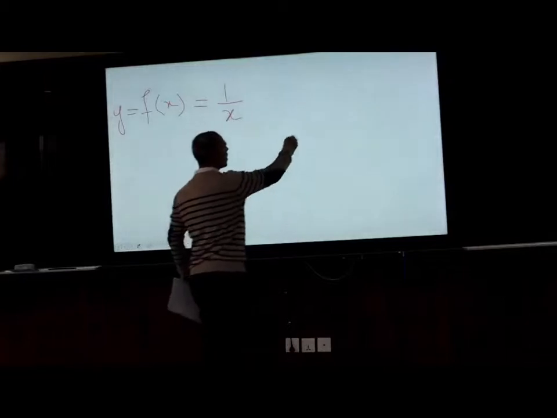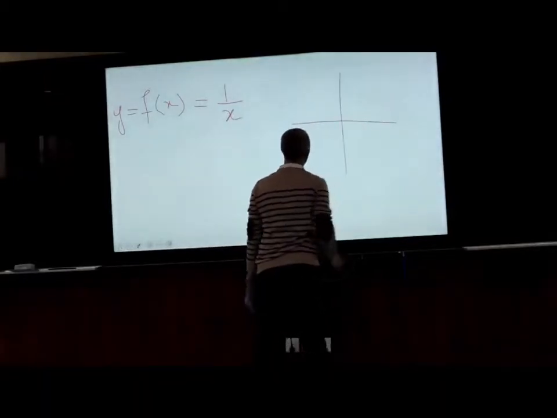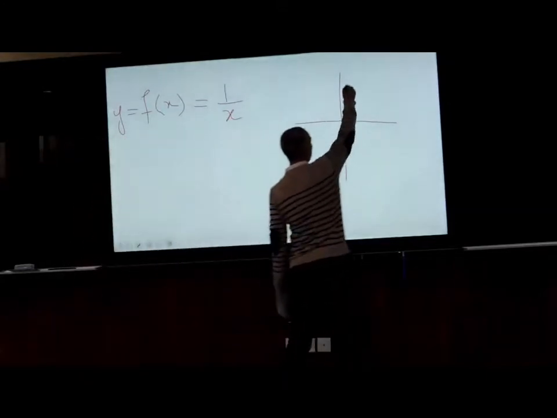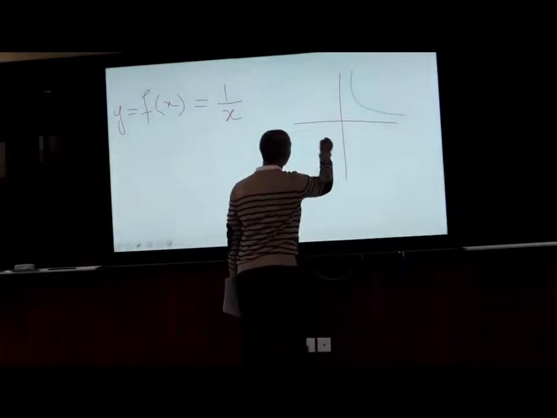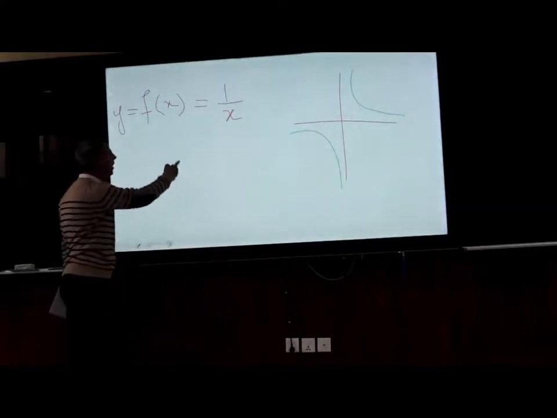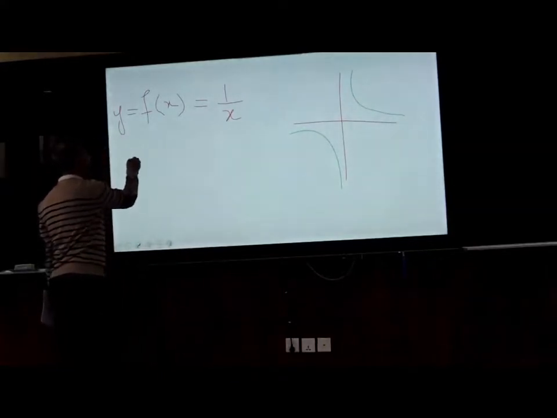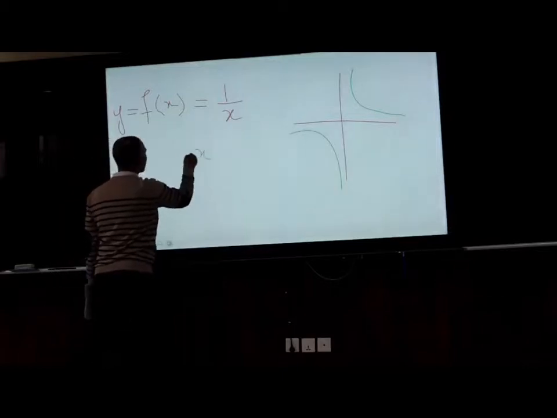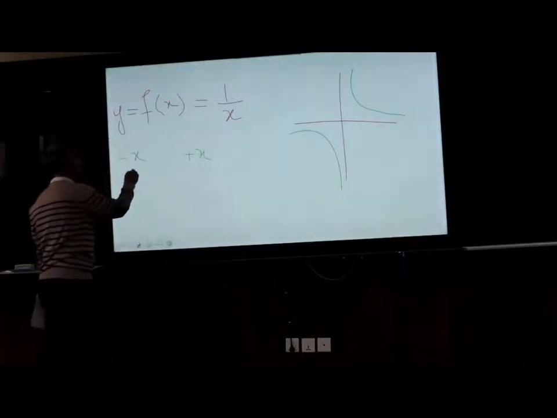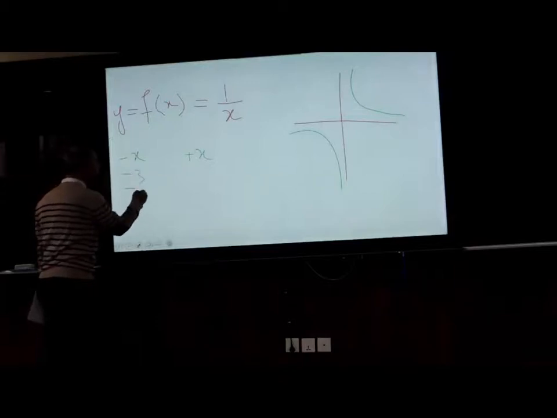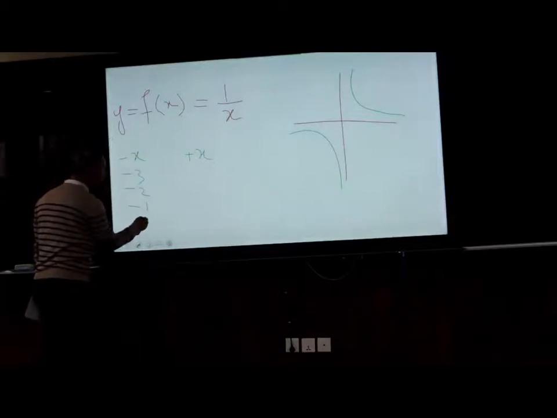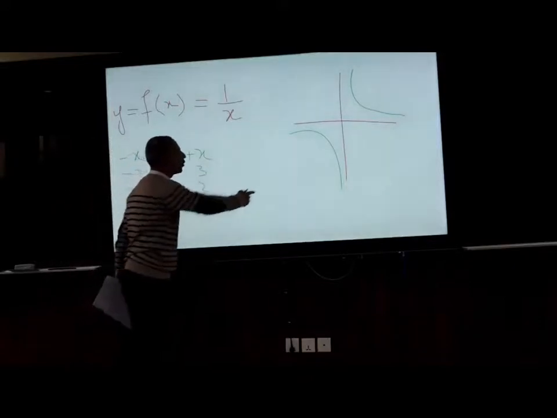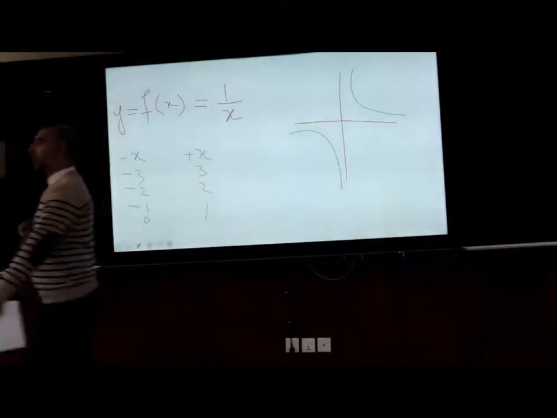And if we draw this signal in a 2D domain, we will see that the graph is going like this. If you substitute random values, for example negative x, positive x, such as negative 3, negative 2, negative 1, 0, or 3, 2, 1, you will get this kind of graph.